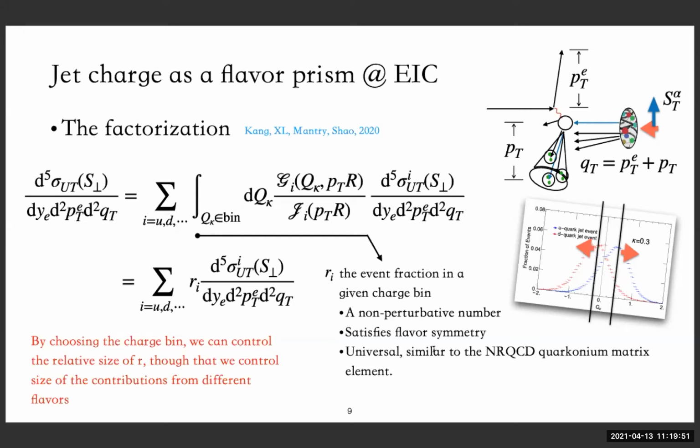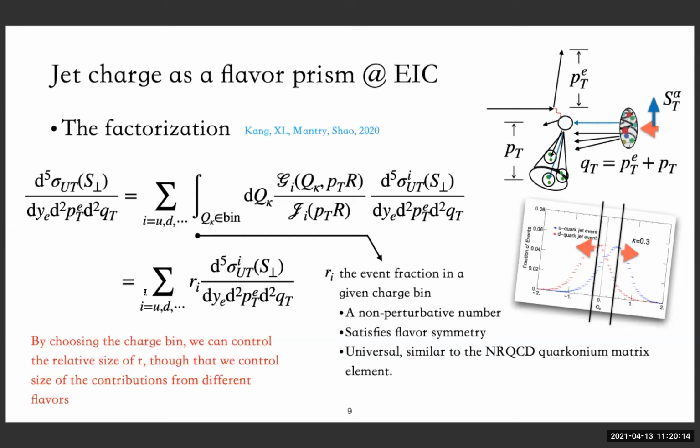So the behavior of Ri will be very similar to the NRQCD long-distance matrix elements. By reading this factorization theorem, we realize that by choosing the charge bin correctly, we can actually control our sensitivity to different partonic flavors through the relative size of this Ri.